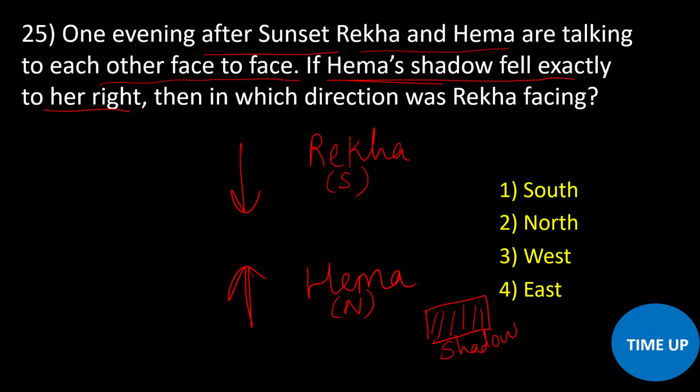So after sunset, what happens in sunset? The sun sets in the west, correct? And its shadow will fall in the east, correct? So if this is east, this is west.